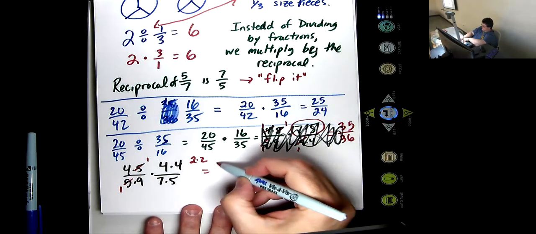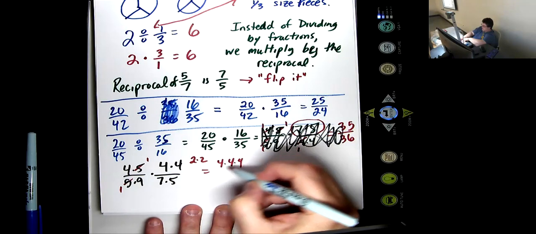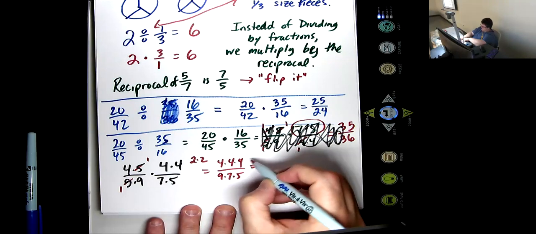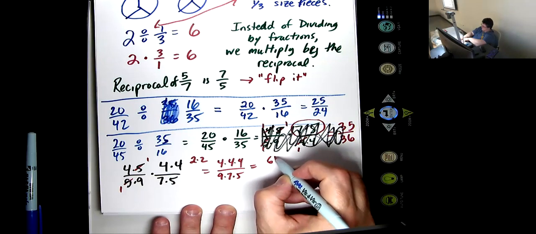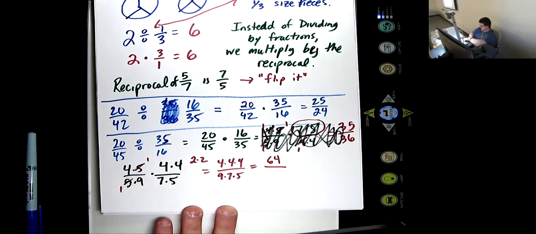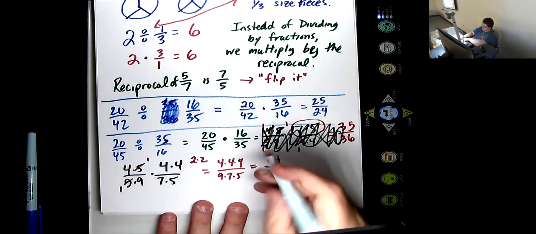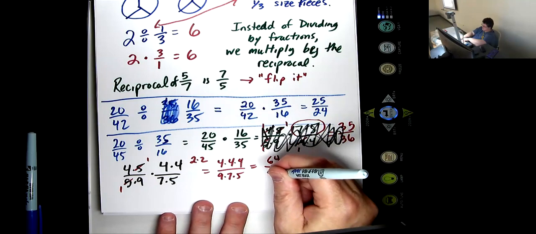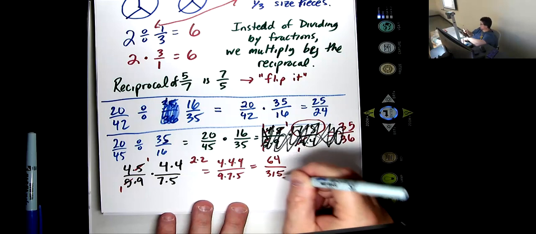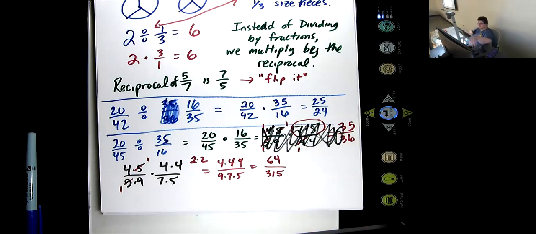This is going to be 4 times 4 times 4 over 9 times 7 times 5. Let's see, this is 64 on top. 9 times 7 is 63, times 5 is 315. Someone check that in a calculator.